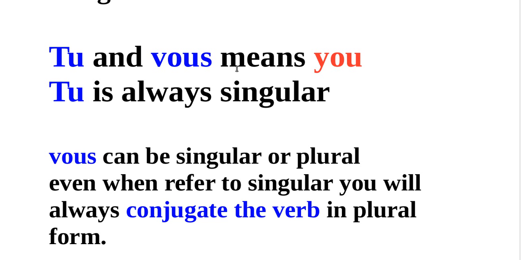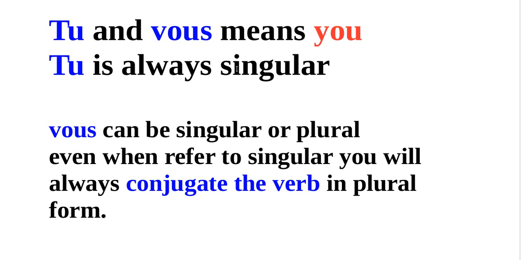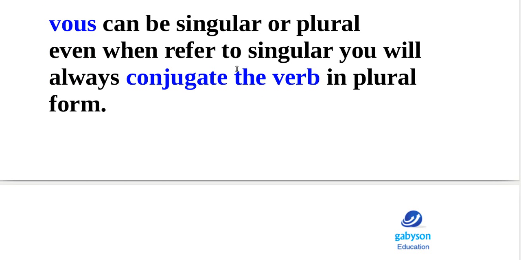Tu is always singular. So whenever you want to conjugate a verb, you can refer to it only in the singular form. And vous can be singular or plural depending on the context. But whenever you are conjugating the verbs, it should always be conjugated in the plural form.